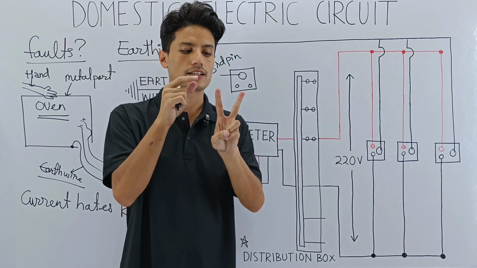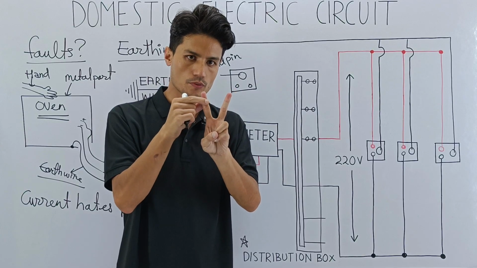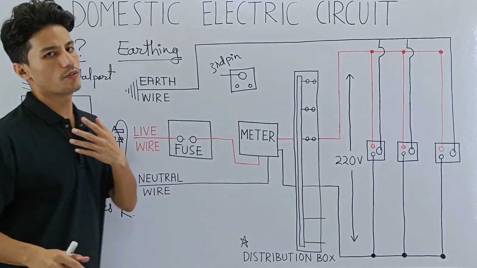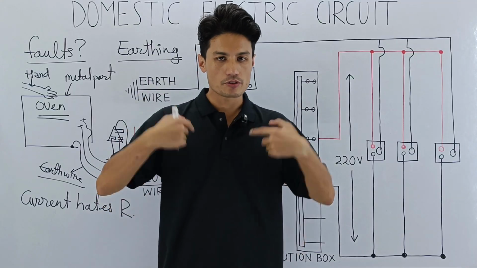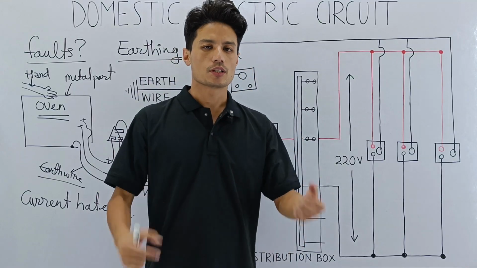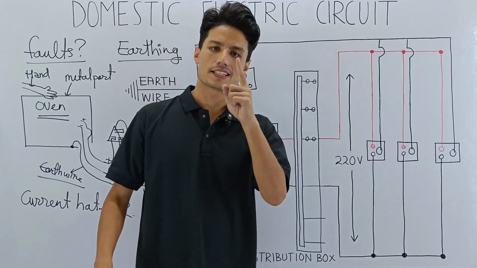Now current will select the earth wire and not my body. Why? Because I offer a strong resistance. My biological body offers a stronger resistance than the earth wire.